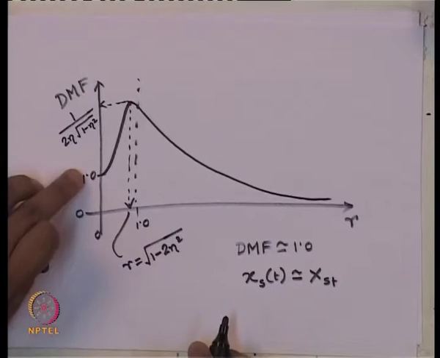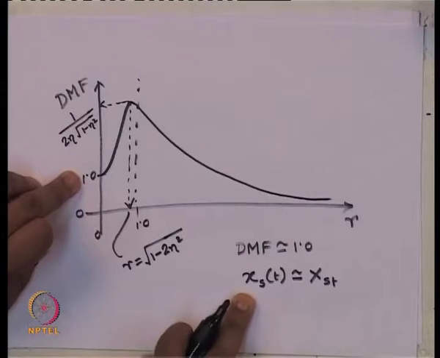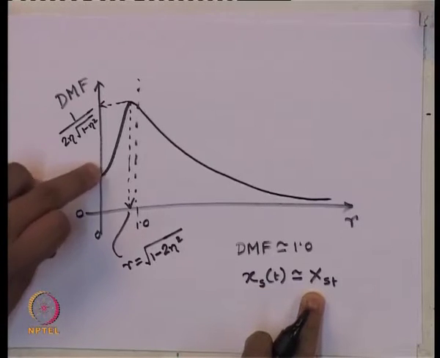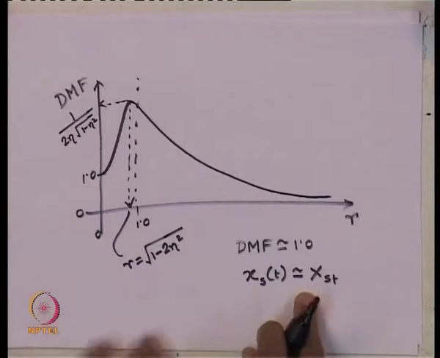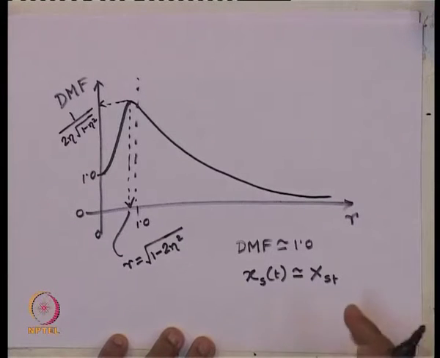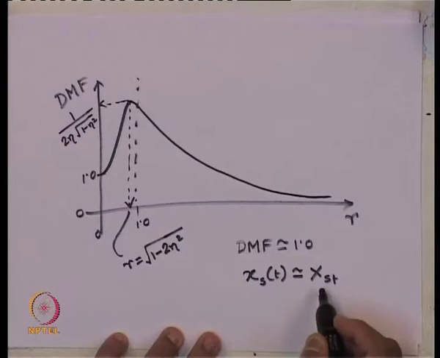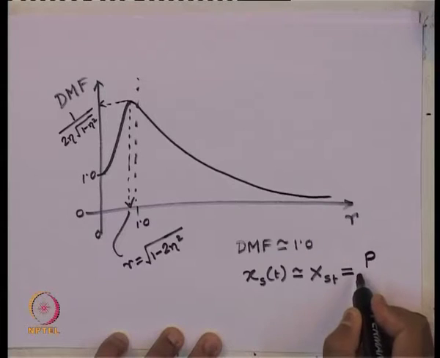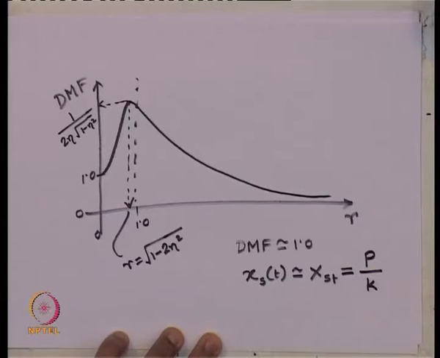Dynamic magnification 1 means steady state displacement is equal to the static displacement, and very close to 1 means they are almost equal. Now, how much is our static displacement? That is nothing but the amplitude of the load P by the stiffness K. So, what does it mean?